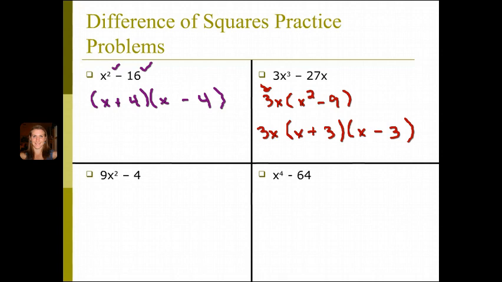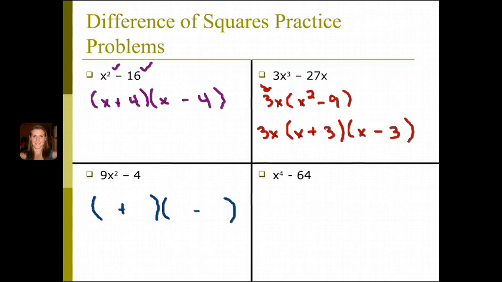On our third example, we can't factor out a greatest common factor because it doesn't have one. So we're going to start with our two parentheses. First one gets a plus sign, second one gets a minus sign. However, this time we have a coefficient in front of x squared.